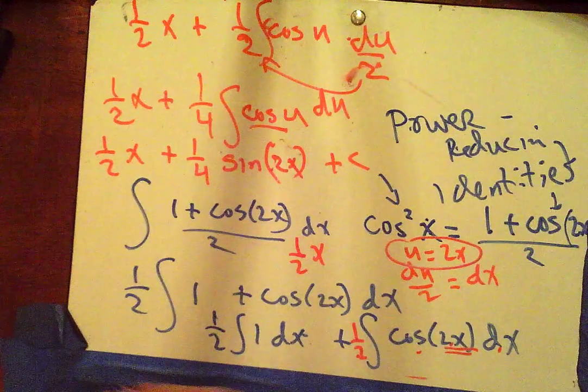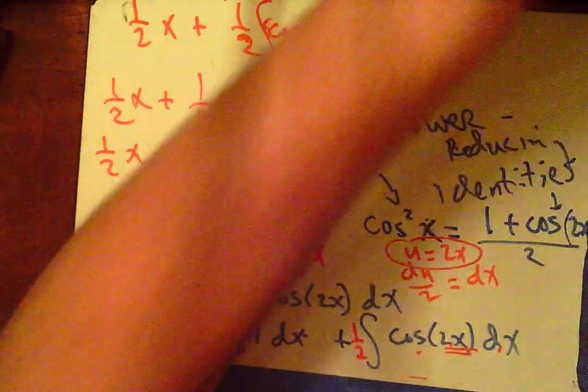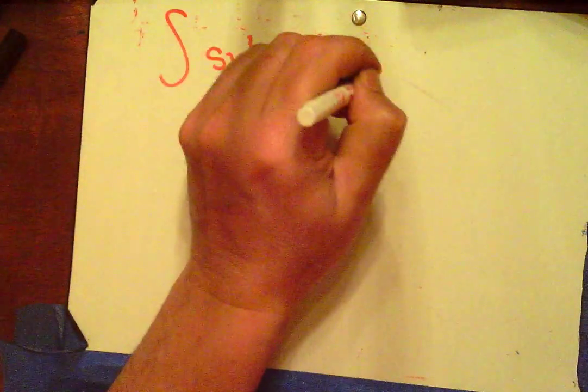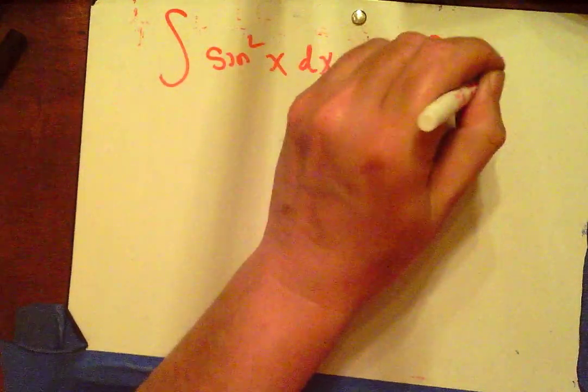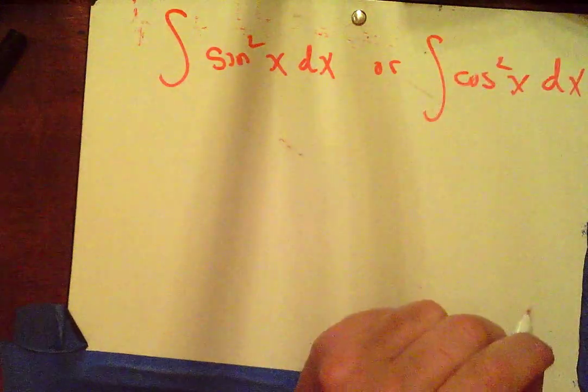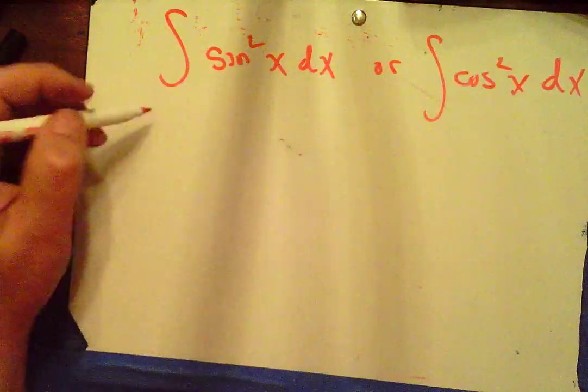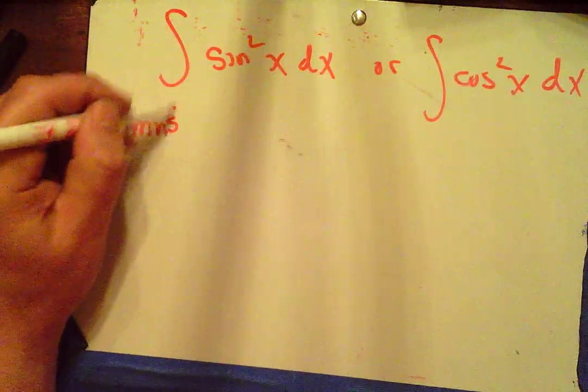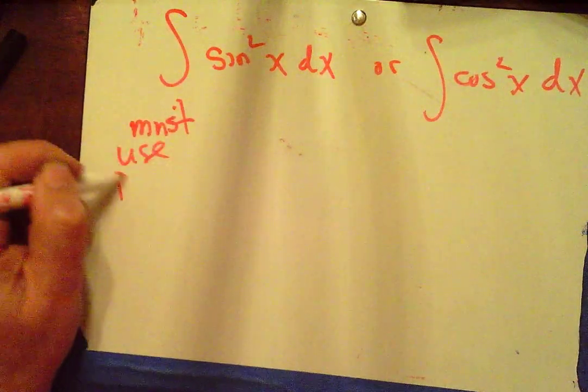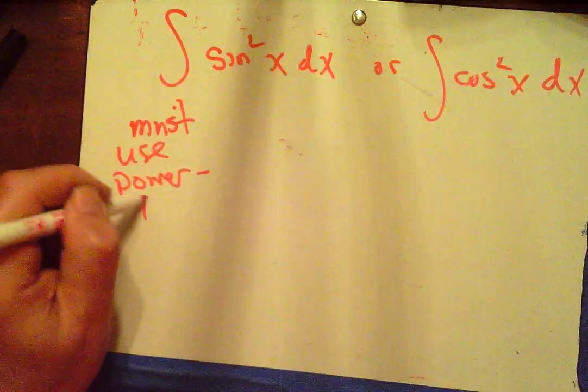My ability to get there without a power reducing identity? Almost nil. So when do I need to use power reducing identity? So if you see sine squared x dx or cosine squared x dx, if you see either of these, you must use power reducing.